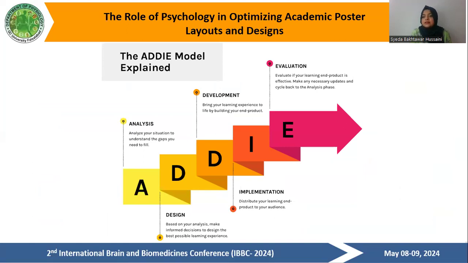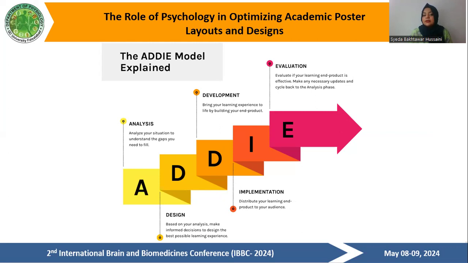As I said, I'll describe the ADDIE model, which is the main part of the research on which our whole research was conducted. A was for analysis, which analyzes the situation or the gaps or problems, the three main problems we addressed in our paper. In this analysis, we found out the problem we have to address. The second step in the ADDIE model is design.